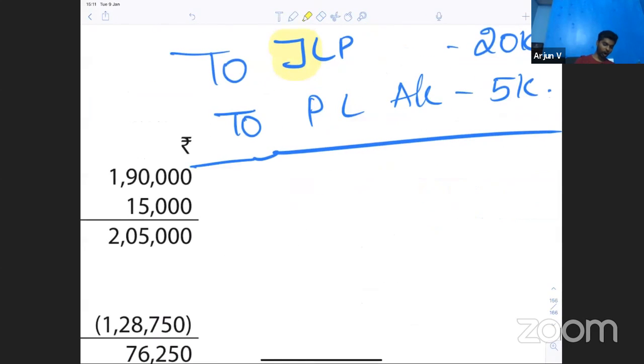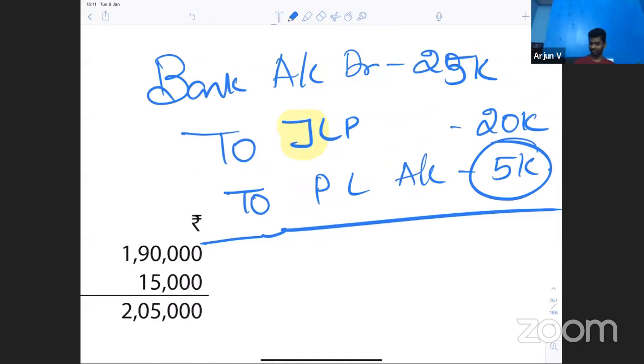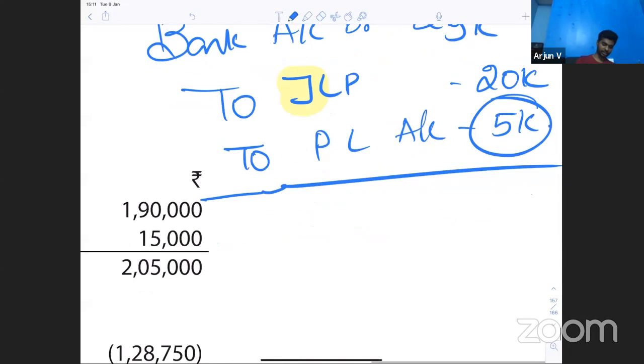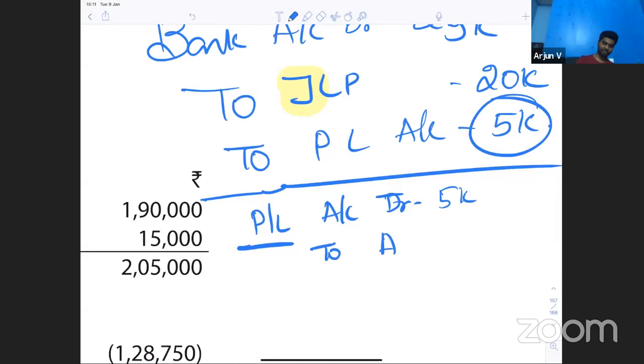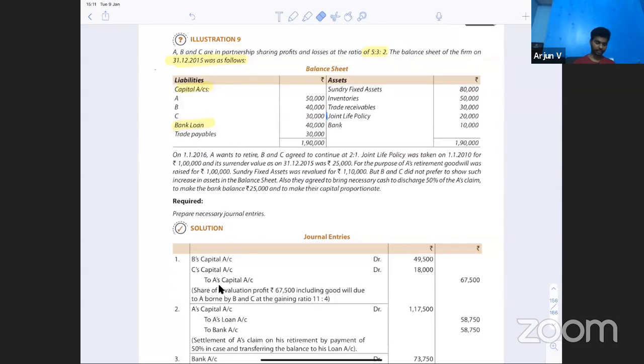So what happens is, this 5,000, which is profit, gets divided among the partners in the old profit sharing ratio. So we will do profit and loss account debit 5,000 to the partners, let's say A, B and C, in the old profit sharing ratio. Are you clear?